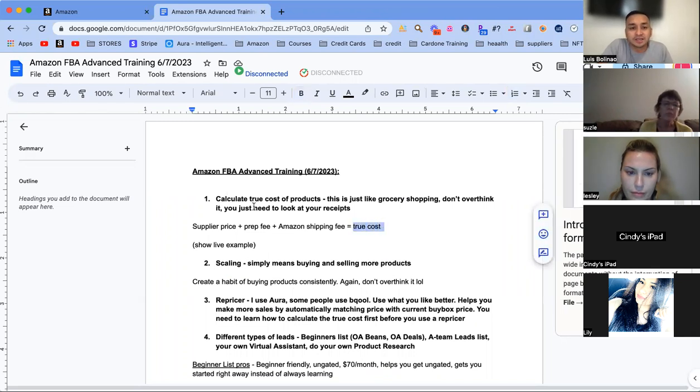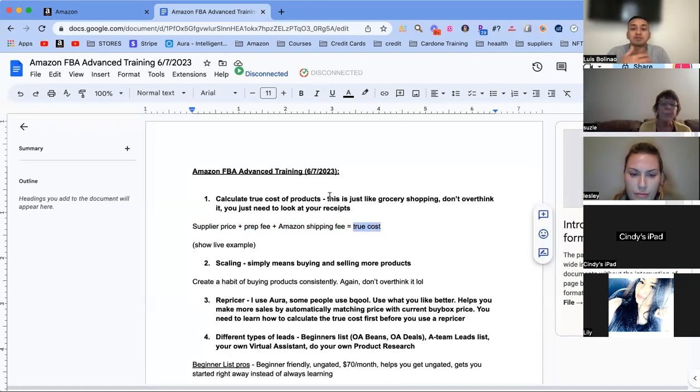True cost meaning you need to be able to calculate your actual cost of your products. To me, this just simply means you're finding the price of your supplier plus your prep fee plus Amazon fees or Amazon shipping fees, and that's gonna be your true cost, right?